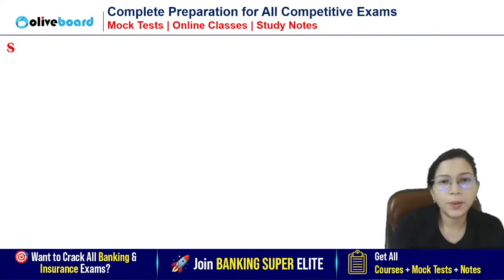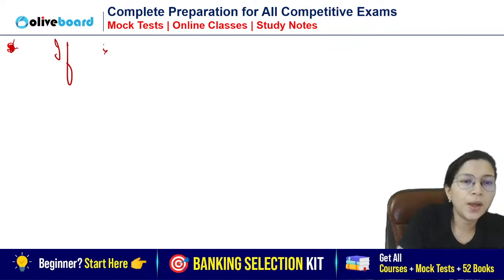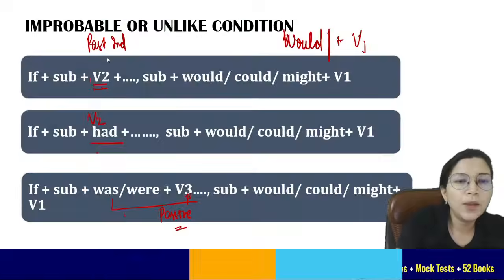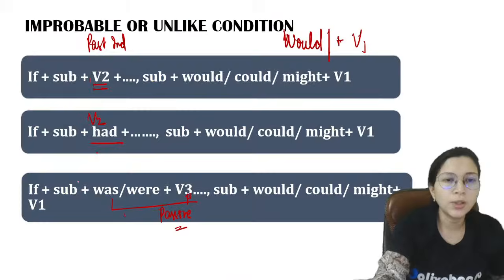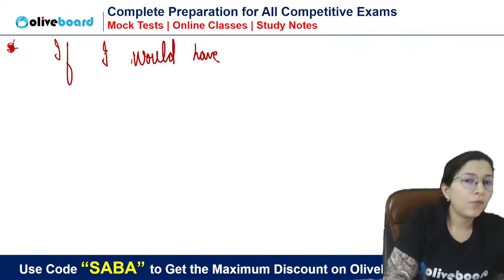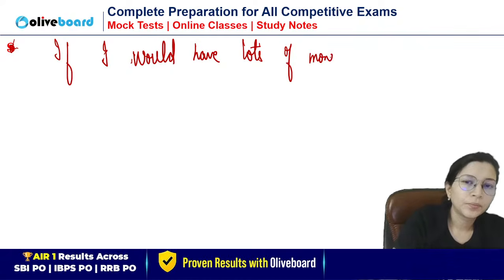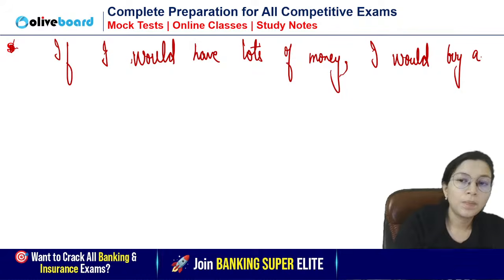Now listen to me. Usually we use two conjunctions here, if and when. Now, if I say, if I would have lots of money, I would buy a personal jet.